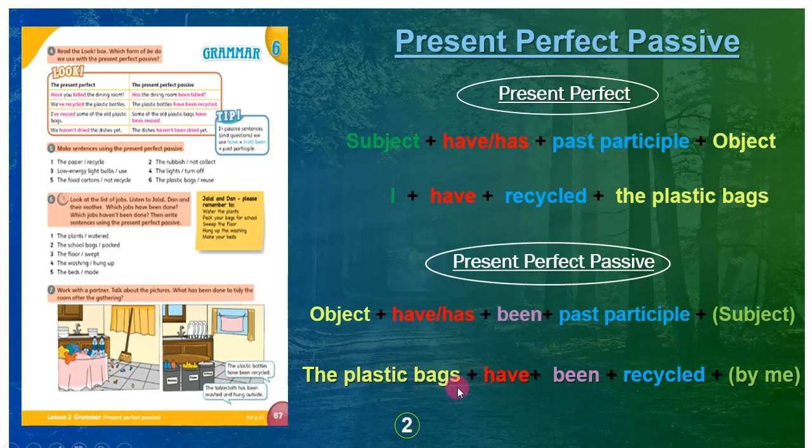If it's one bag, I will use has. So if the sentence is the plastic bag, it will be has here, not have. And then been, and then again the third verb, the past participle, have been recycled. You can add the subject or not; if you stop here, the sentence is correct.